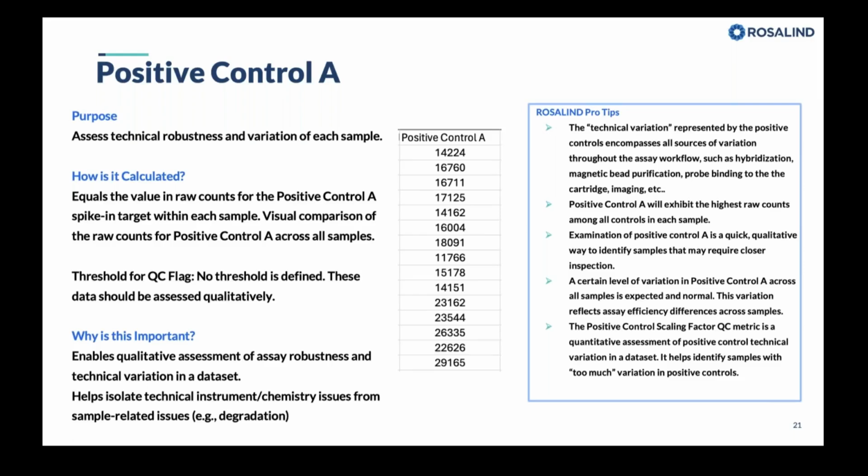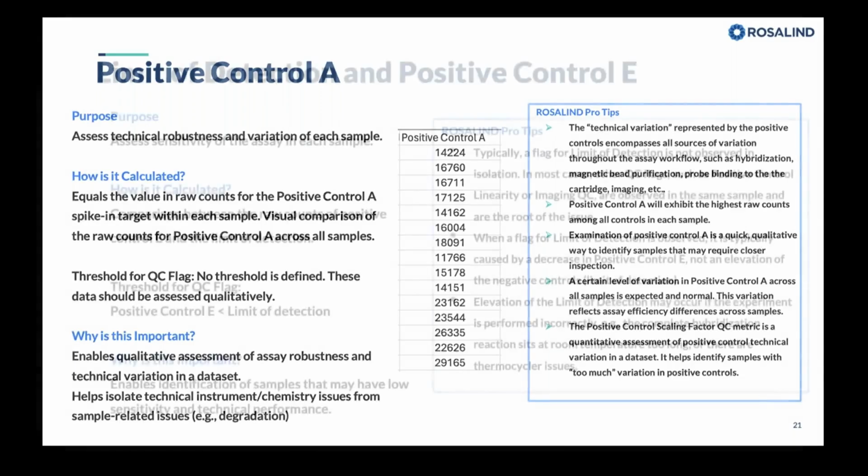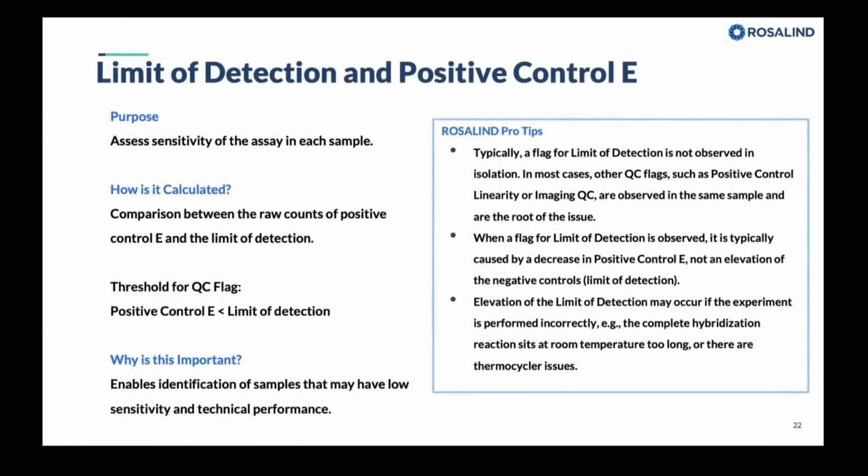Okay, so that being said, let me continue our discussion of the positive controls. Let's talk about the negative controls as well, and let's talk about the limit of detection metric and positive control E. Limit of detection, as the name implies, we look at this because it allows us to assess the sensitivity of the assay in each sample. It's simply a comparison between two values. We look at the value of positive control E in a sample and compare that to the limit of detection in that sample.